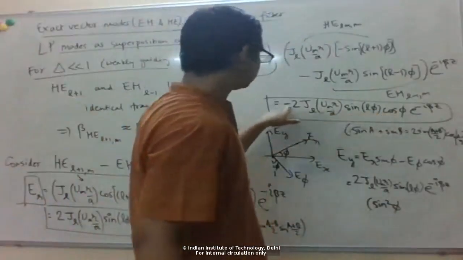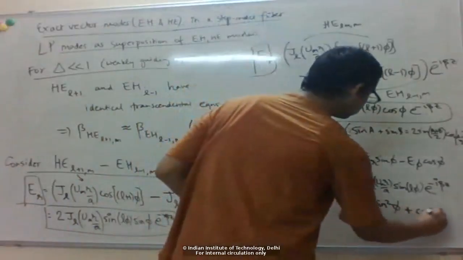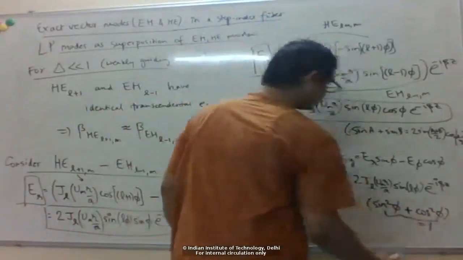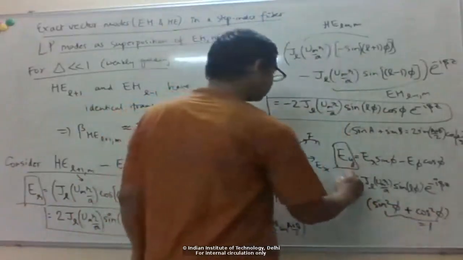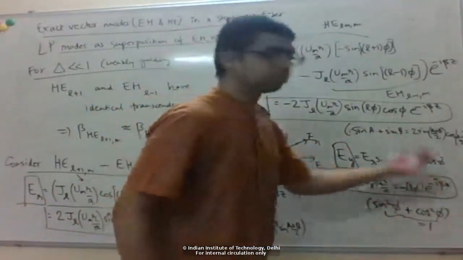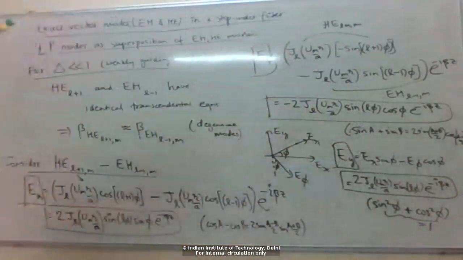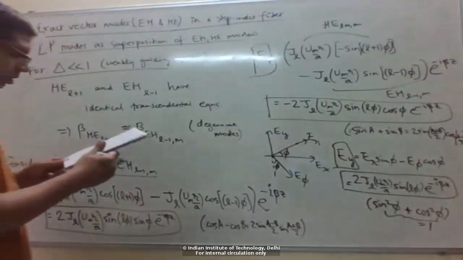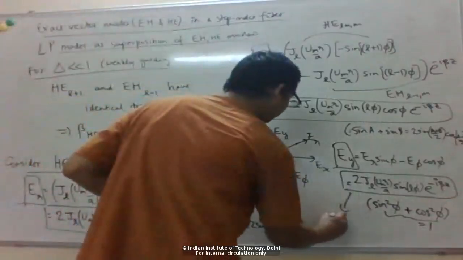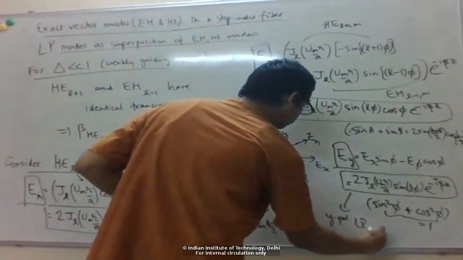You already had a minus sign, so with this minus sign that becomes plus. So this is 1. So for EY you get what you have for the LP L M mode, J L times sine L phi. So this is basically the Y polarized LP L M mode.